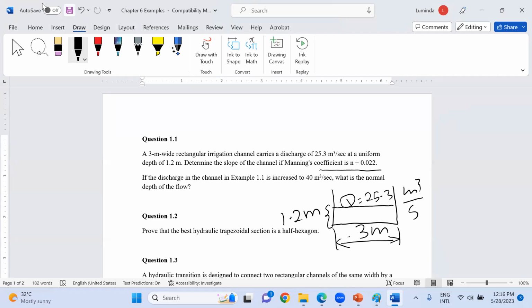Can someone tell me what kind of channel it is by using the Manning coefficient? Can you tell me about the friction of this channel? Of course, it is given as an irrigation canal, so you can understand it is a man-made canal, but still it is not a very smooth one.